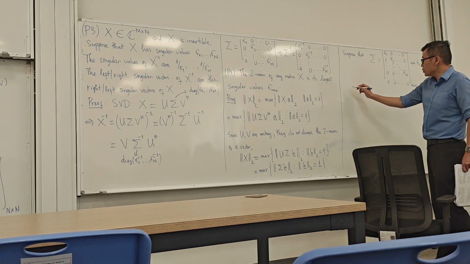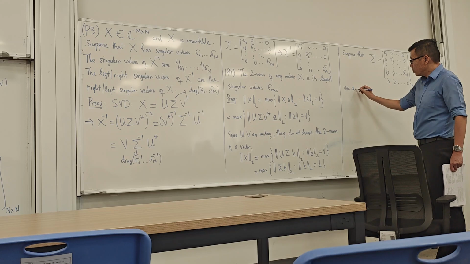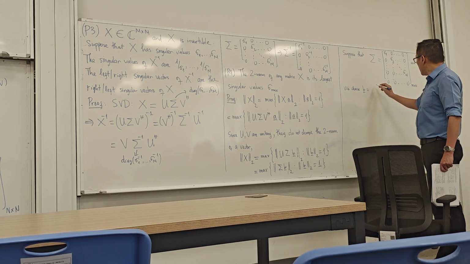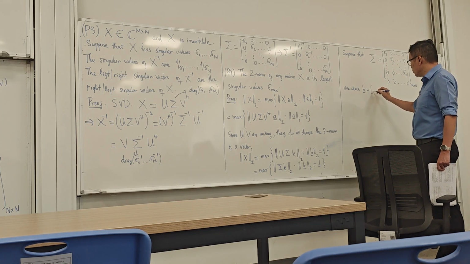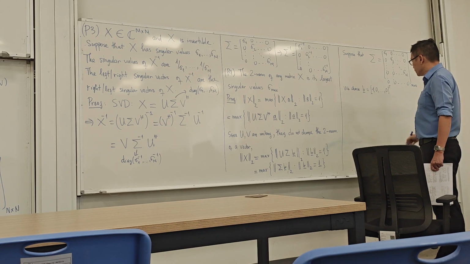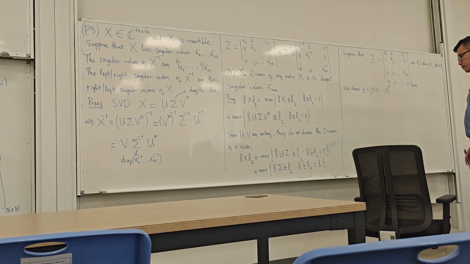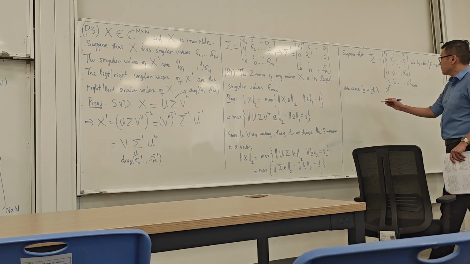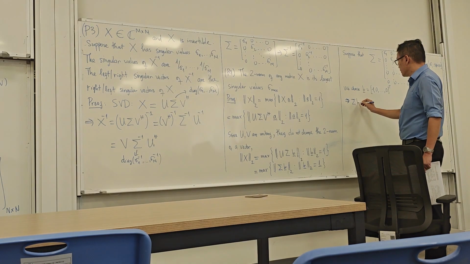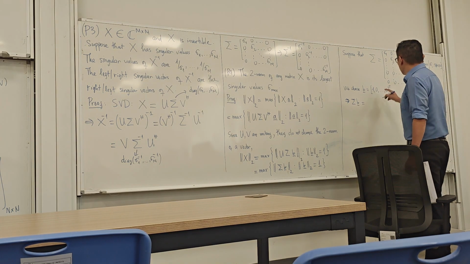Then we choose vector b equal to 1, 0, and so on, 0, transpose. Then we have sigma multiplied with vector b.